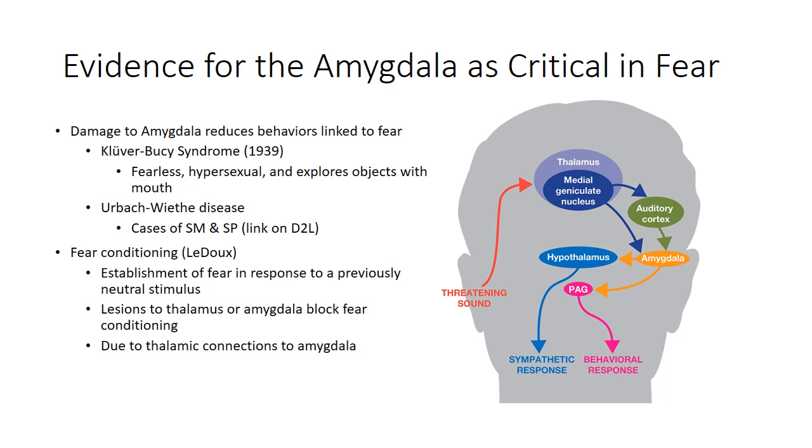So, for example, in one case, there was a woman who used to be afraid of snakes, and then after developing this condition, they took her to a pet shop, and there was a boa constrictor at the pet shop, and she just reached right into the cage to grab the boa constrictor. So that normal fear she would express just wasn't expressing anymore. So that's neuropsychological evidence that damage to the amygdala leads to a lack of fear response.